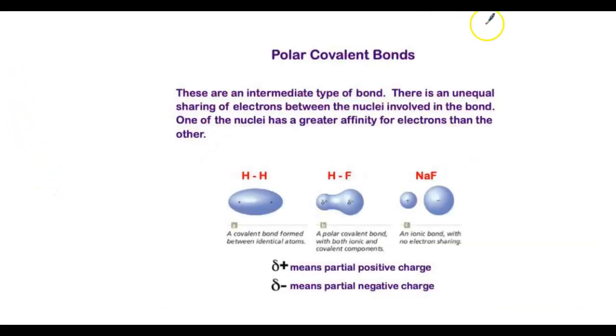So we've talked about covalent bonds, we've talked about ionic bonds. Now we're going to take covalent bonds and we're going to characterize them as one of two types. I don't want to say types because they're still covalent bonds, but some covalent bonds we refer to as nonpolar covalent bonds.